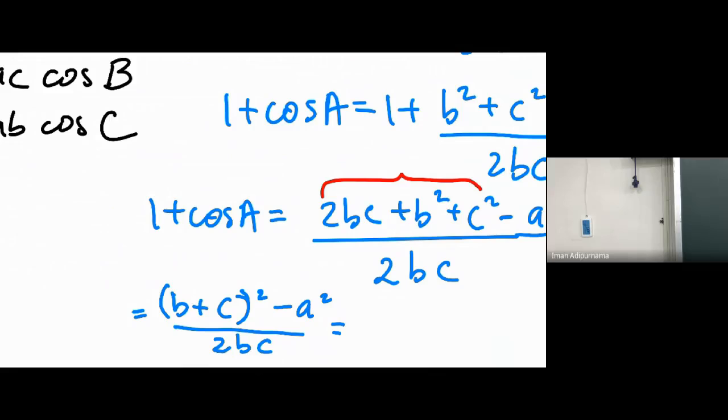Make this as x. If you have x squared minus a squared, you can write this as x plus a times x minus a. Let's do the same thing with b plus c.